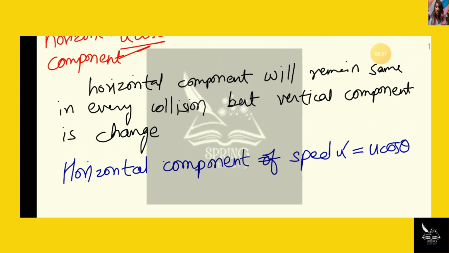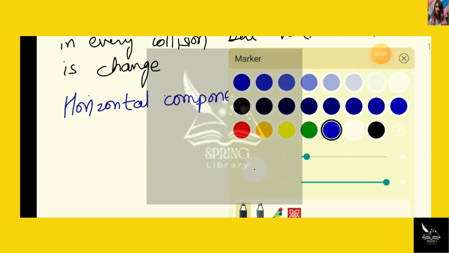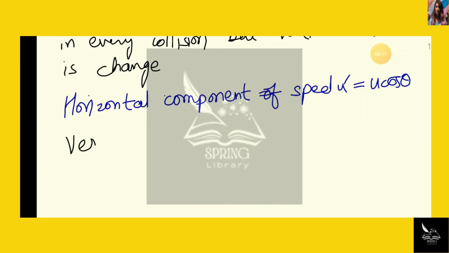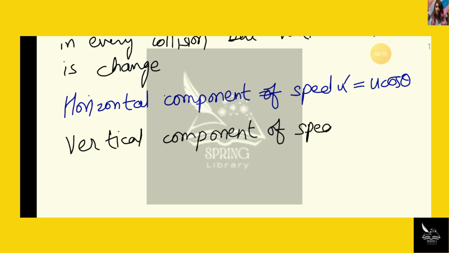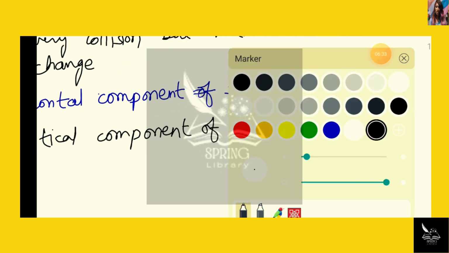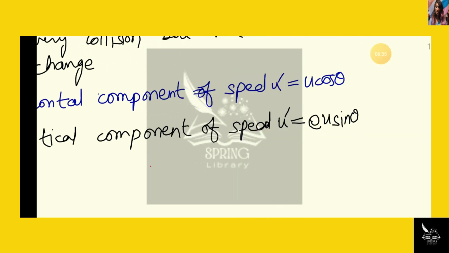The vertical component, using the coefficient of restitution, is equal to e u sin theta, because the velocity of separation is the vertical component.